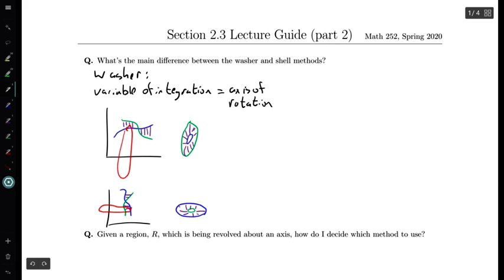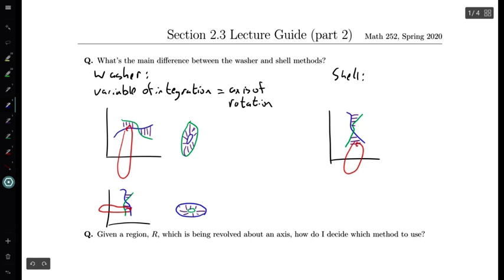Now the other method that we are looking at is the shell method, and you can guess how it's going to be opposite here. If I were to use the shell method on revolution about the x-axis, I would have my blue and my green function here, and I would be taking these horizontal lines, and in order to form a shell, I take that horizontal line and I revolve it about the x-axis.